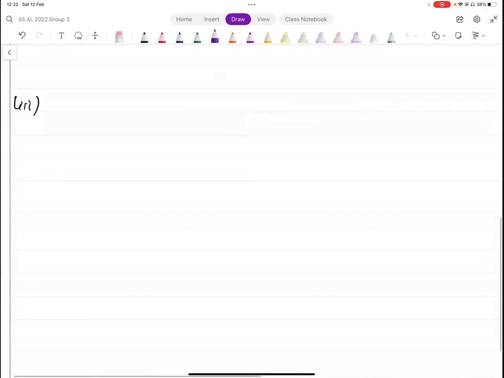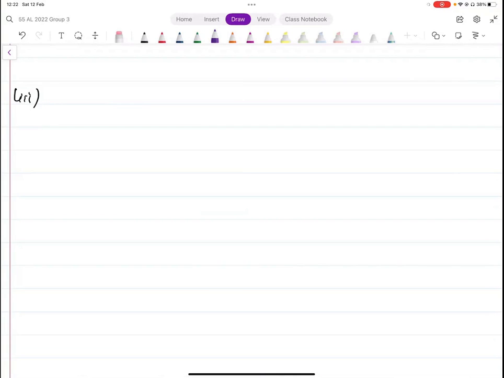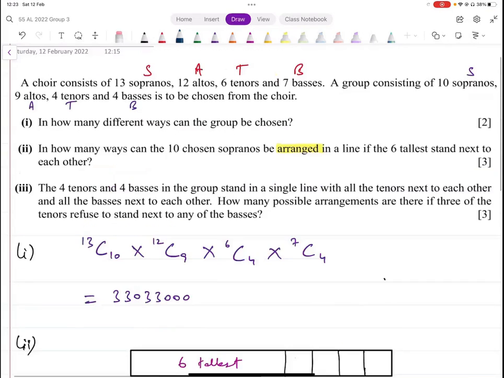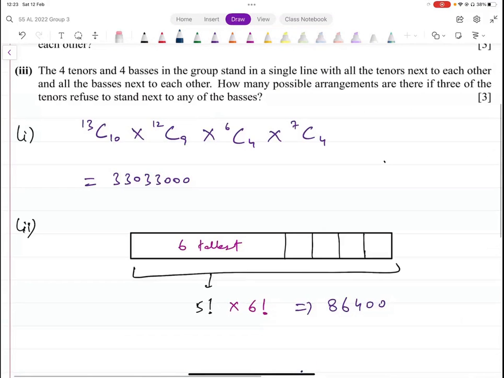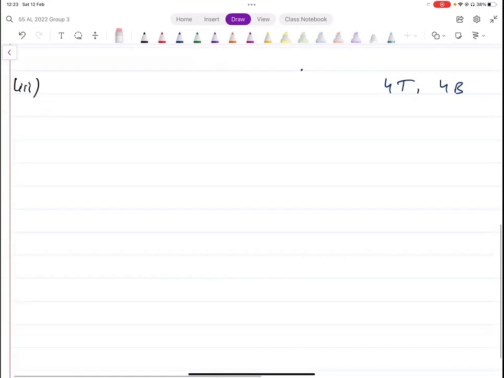Okay, let's think about it. So first of all, there are 8 total people, 4 T's and 4 B's. All T's have to be next to each other and all B's have to be next to each other. That is confirmed.